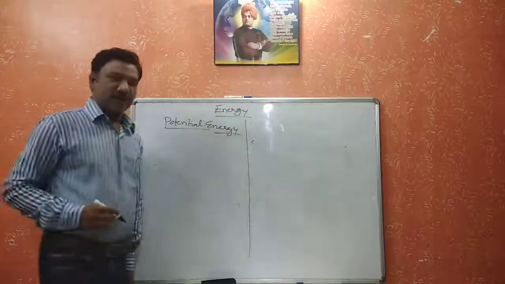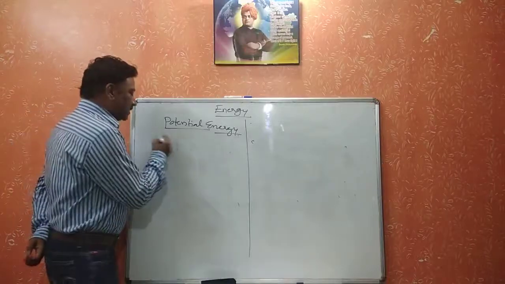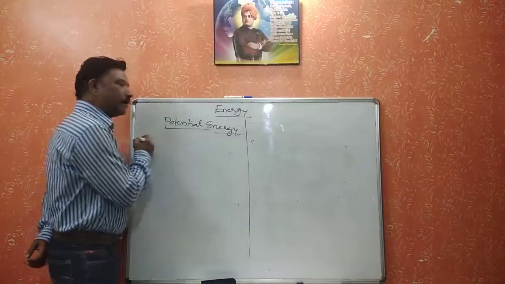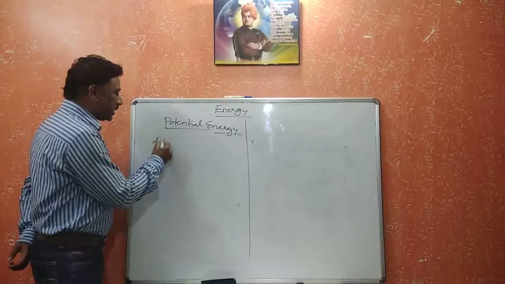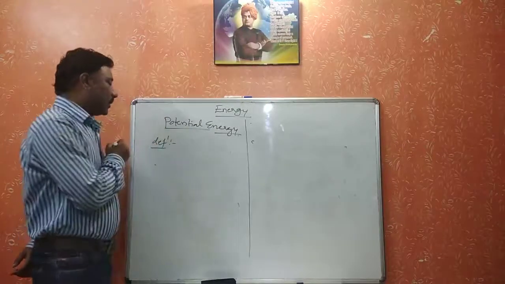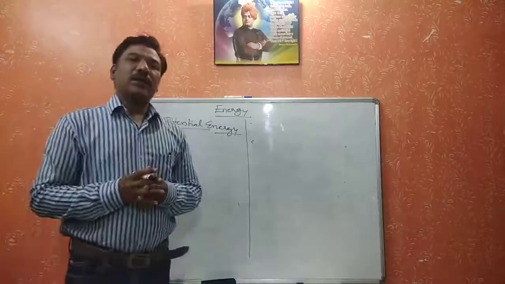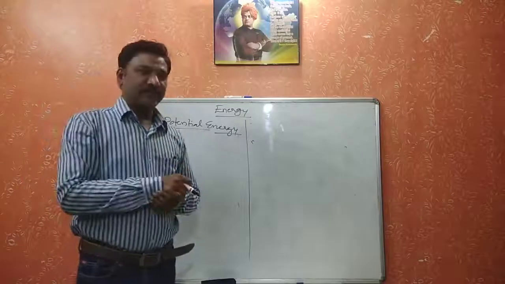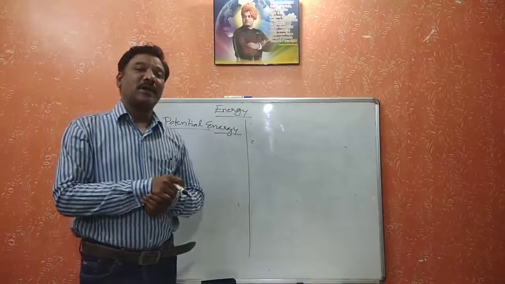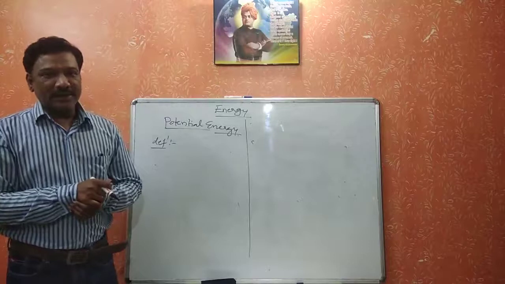What is this potential energy? Potential energy is denoted by the letter PE. First of all, let us try to define the potential energy. What is meant by potential energy? Energy possessed by an object due to its position is called potential energy.